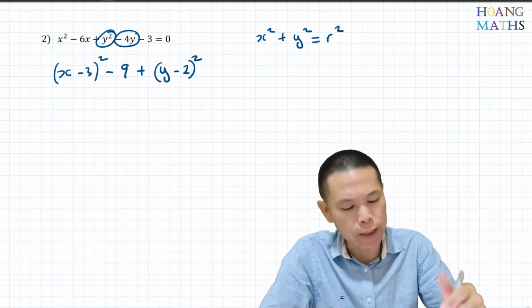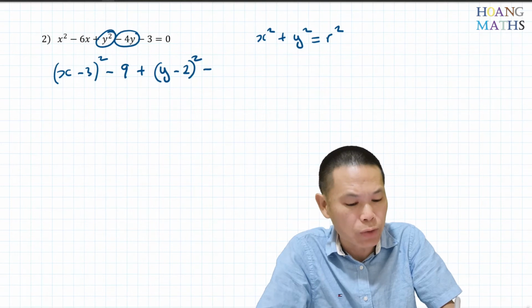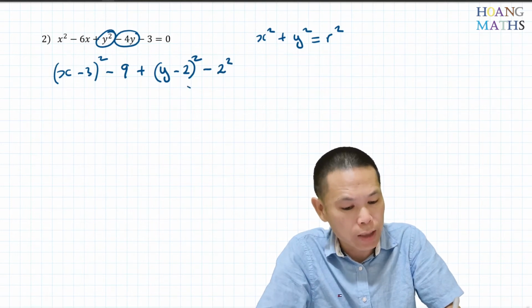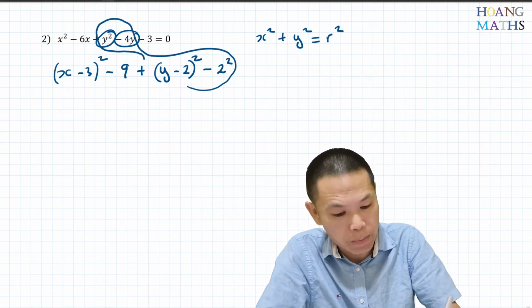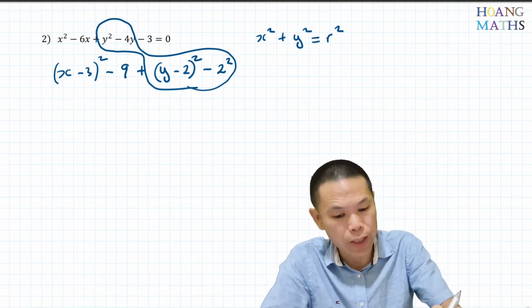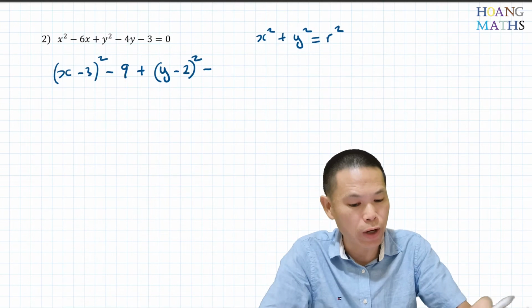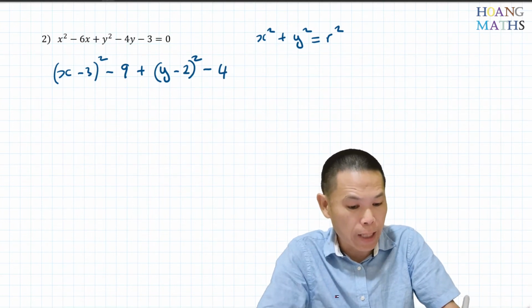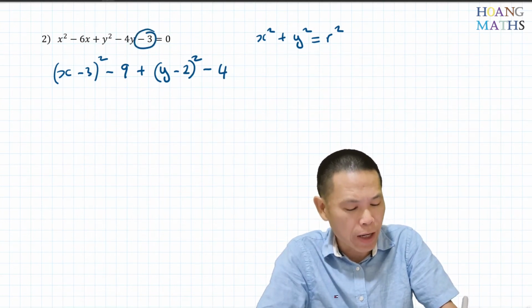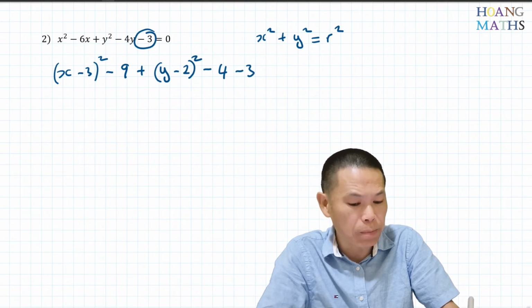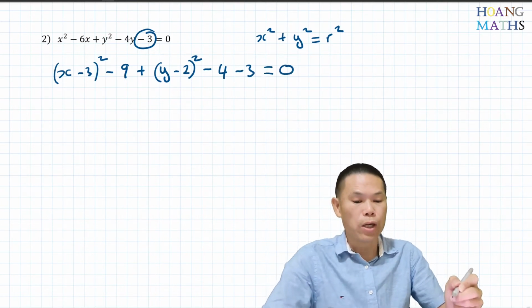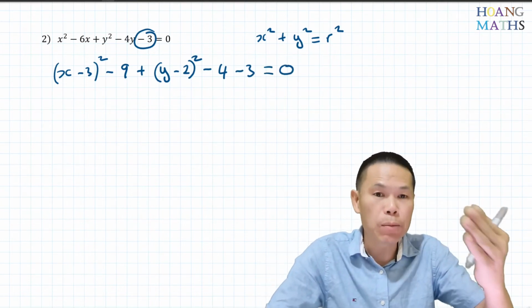So to make it the same, we need to get rid of the 2 squared, so that this component here are the same. So that's what that meant, okay? And we know that 2 squared is 4. So I just write 4, okay? And then this -3, I write this down. So that becomes 0.